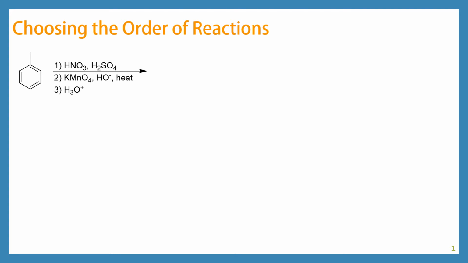So let's look at this first example. We have toluene and we are reacting with nitric acid and sulfuric acid. The methyl group on toluene is an ortho-para-director and it's also activating. So after step 1, our product is a mix of the ortho and para products, probably in fairly similar amounts.